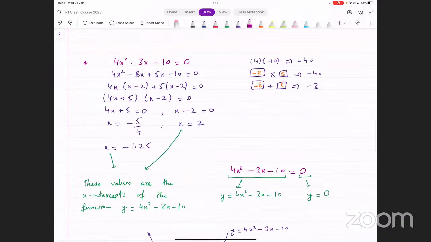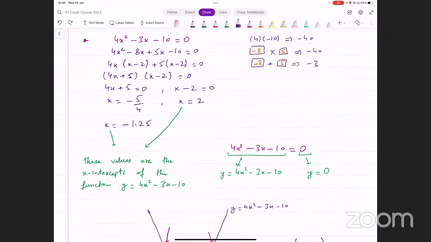Then we talked about what the solutions mean that you get from solving a quadratic equation. When you solve a quadratic equation, you get some values of x that satisfy that equation. What do these values of x mean? Algebraically, if you were to input these values in the function, in the equation, they will satisfy the equation.